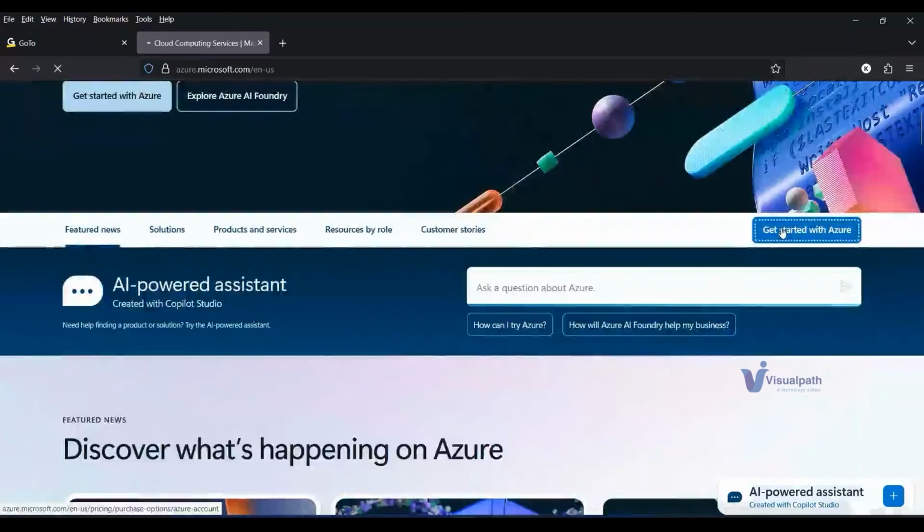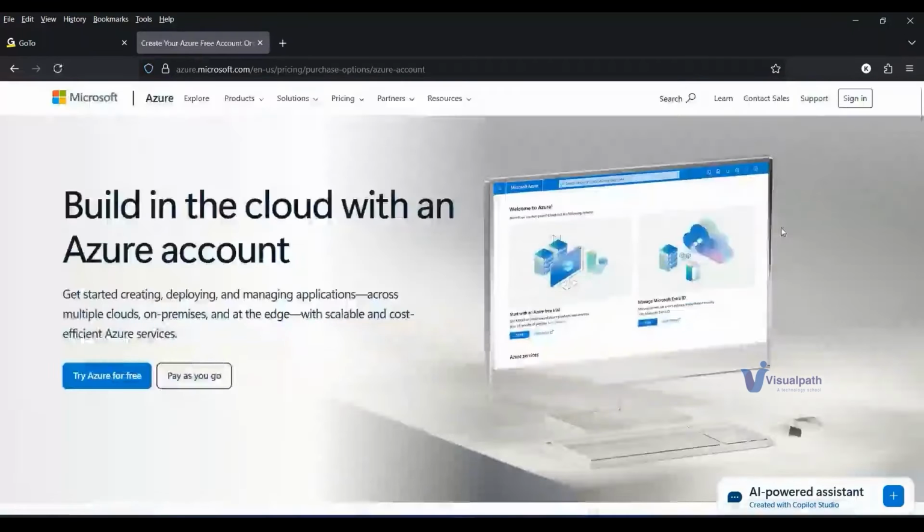So let me click that, and you will reach this page, build in the cloud with an Azure account. You are required to create an account with Microsoft Azure so that you can use their services. It's like this: you want to avail banking services. The first thing they will do when you reach out to them is welcome you.